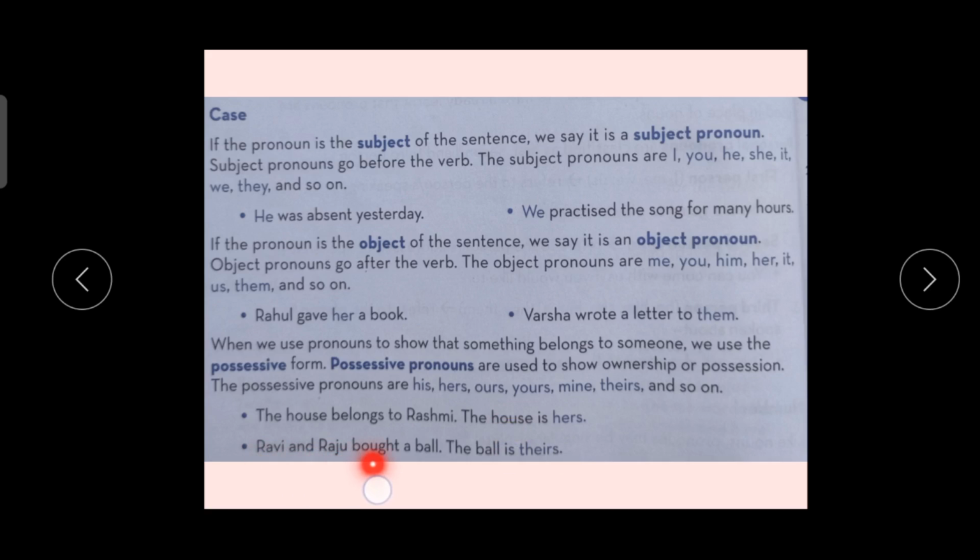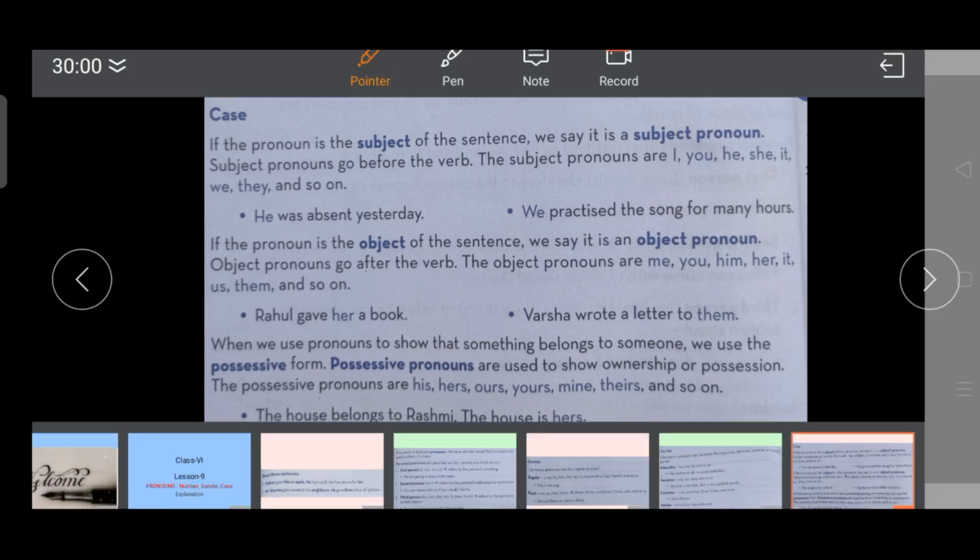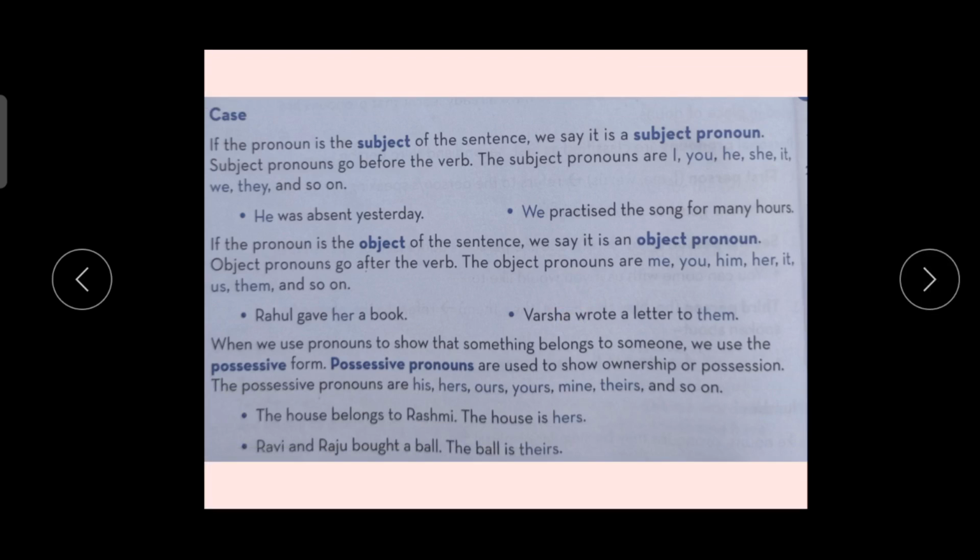Ravi and Raju bought a ball. The ball is theirs. Here, as you can see, Ravi and Raju have bought the ball. So, the ball belongs to them. We have used the pronoun theirs to show Ravi and Raju's possession over the ball. So, we can say that theirs is a possessive pronoun.